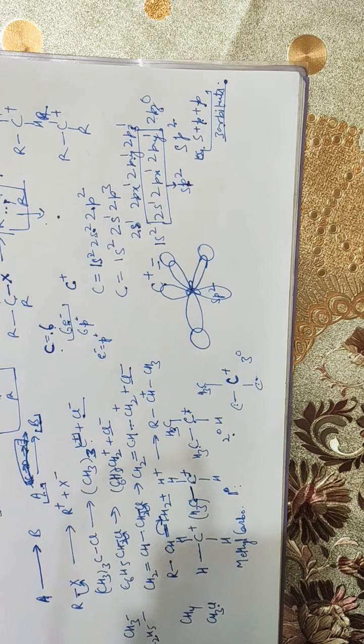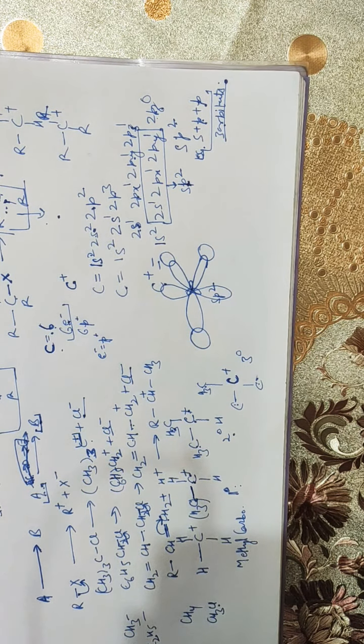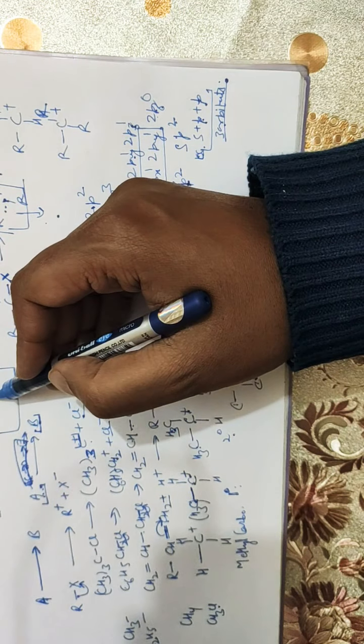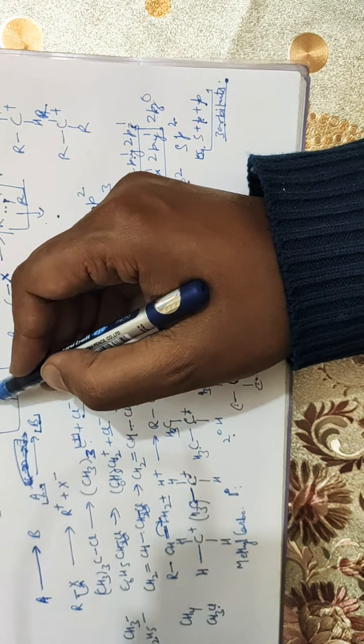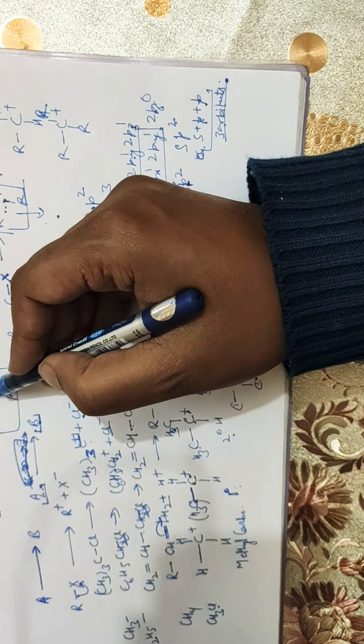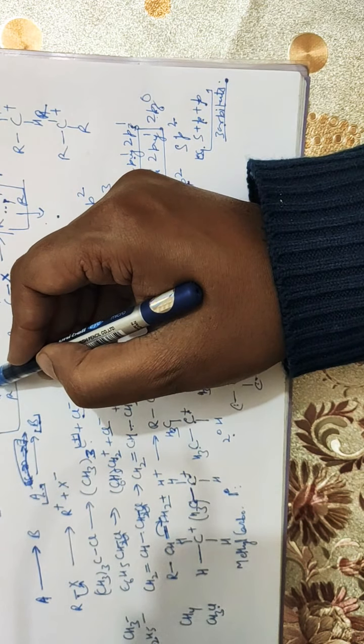So these four factors explain the stability of relative carbocations. Inductive effect means the electron releasing or withdrawing effect. If an electron releasing group is attached to this carbon atom, it will increase the electron density on this electron deficient carbon.